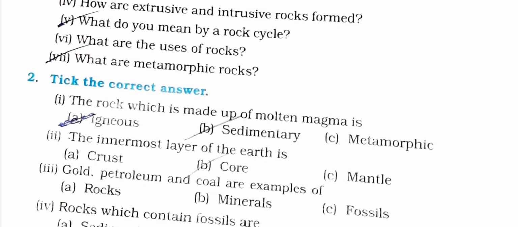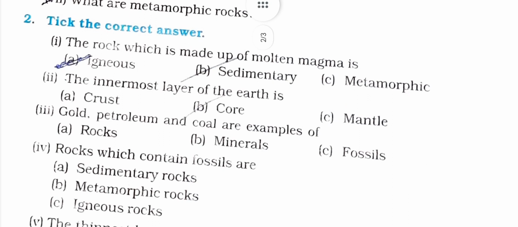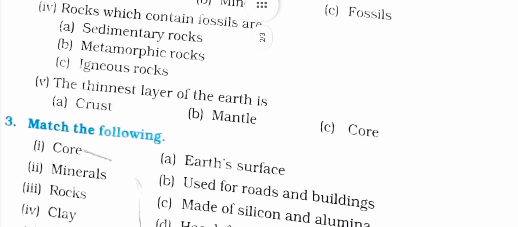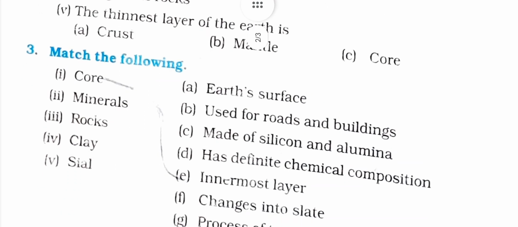The innermost layer of earth is the core. Coal and petroleum are examples of minerals. Rocks which contain fossils are called sedimentary rocks. The thinnest layer of earth is called the crust. Core is the innermost layer.